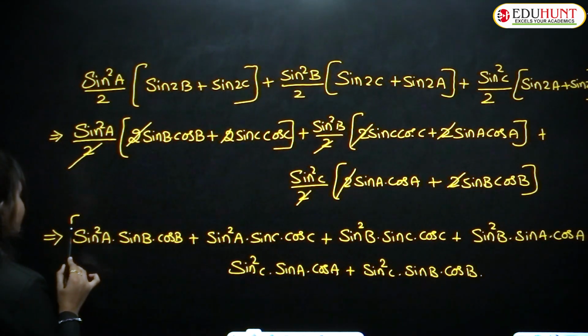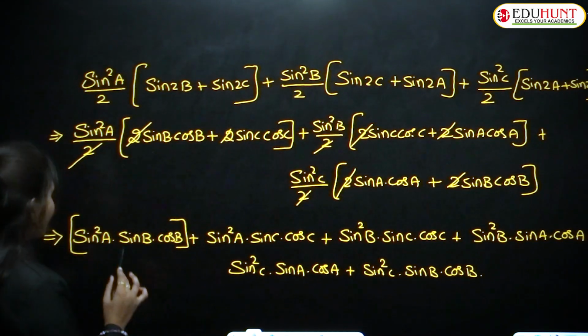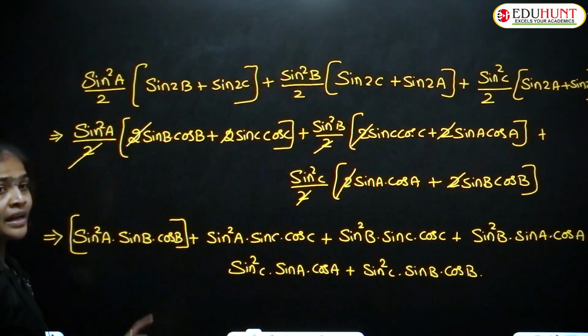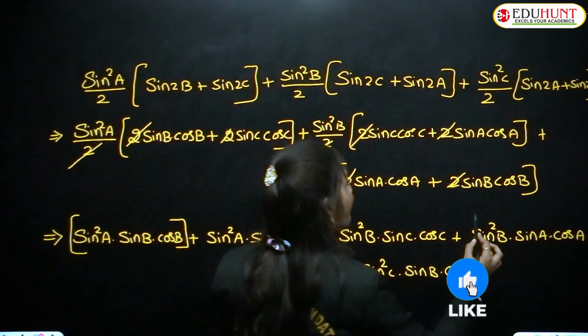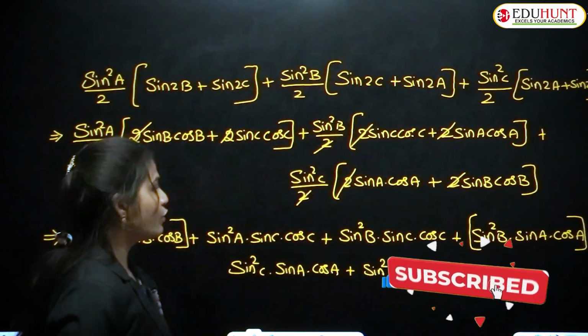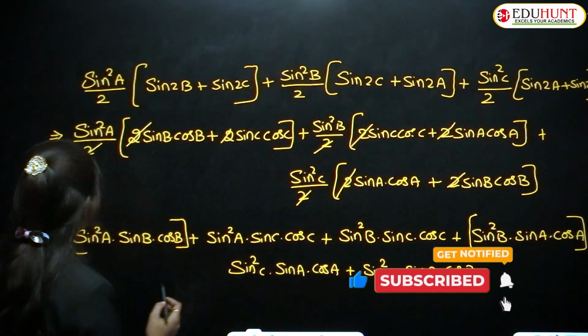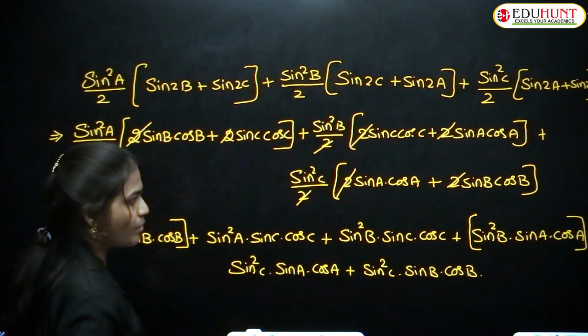So from that, sin square a into sin b cos b. From this term here ab terms are there, no. Next, in which term are we having those ab terms? So here we are having those ab terms. Okay, so from these two terms I want to take common: here sin square a, sin b cos b is in common.